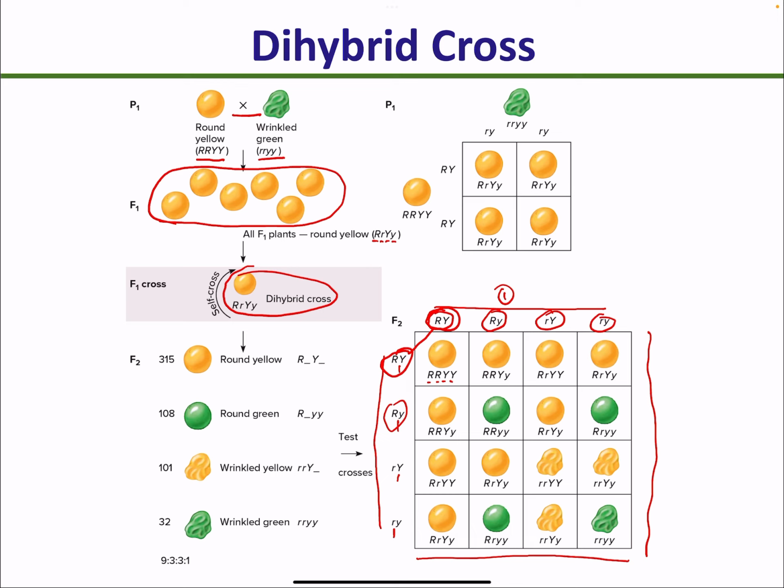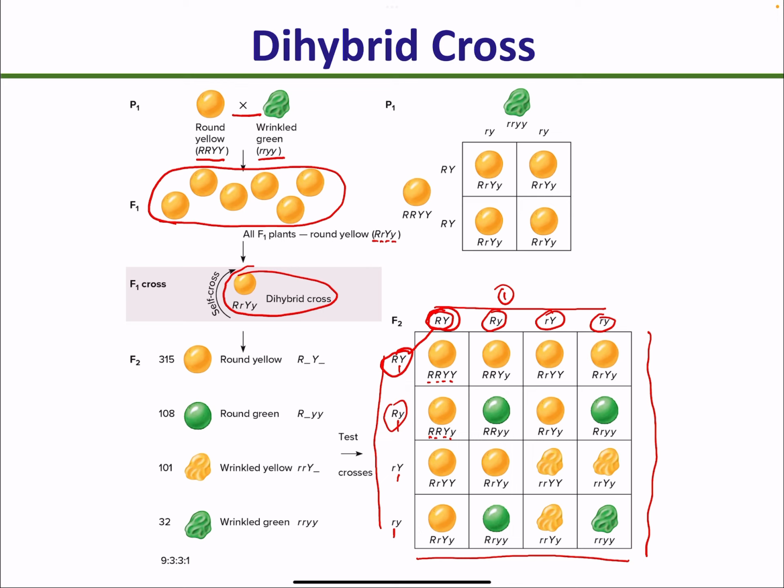Now we have individuals that are capital R, capital Y, lowercase y. So we are going to do this for the entire Punnett square, so that now we are going to see what are the genotypes and what are the phenotypes.